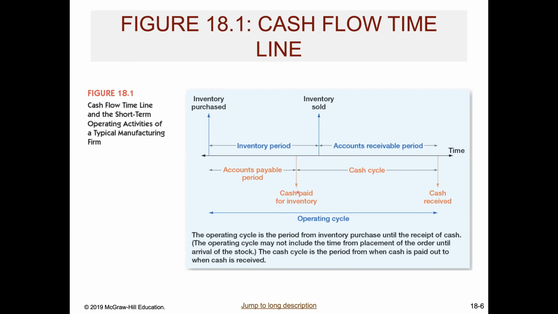So this flow of money can get us into trouble. If we're paying out and not receiving cash for a long time, what do we do in the meantime? How do we finance that? And so that's part of what we're going to be discussing in this lecture. So here's a little example that we will use.